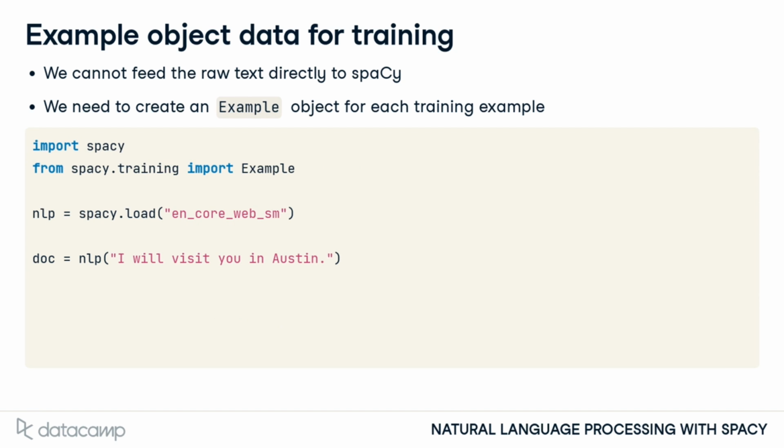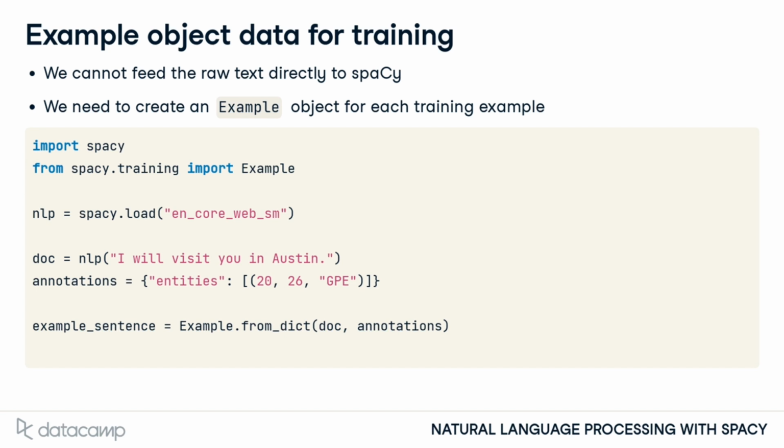Let's check an example for an NER model. Let's assume we have a training data point we want to feed to our NER component to ensure the model will correctly predict Austin as GPE or geopolitical entity. First, we will convert the associated text to a doc container and then use the Example class from spaCy to convert the doc container and the relevant annotation to an example object, which is compatible for training with spaCy.